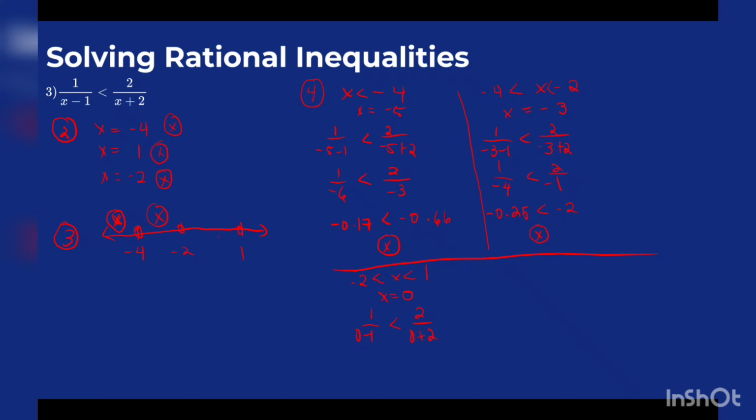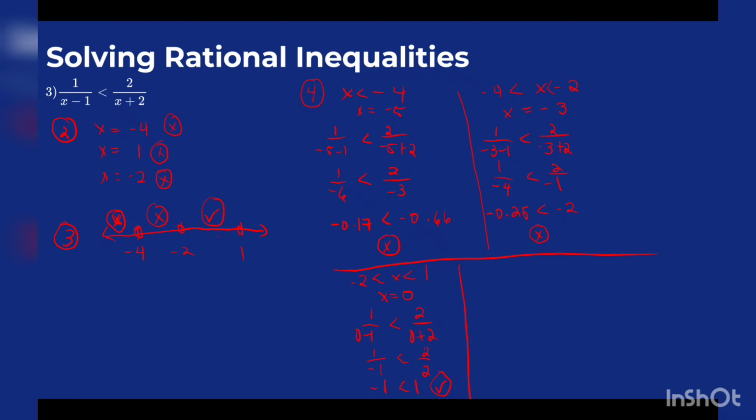So this is 1 over negative 1 less than 2 over 2, which is negative 1 less than 1, which is true. So this is part of our solution.